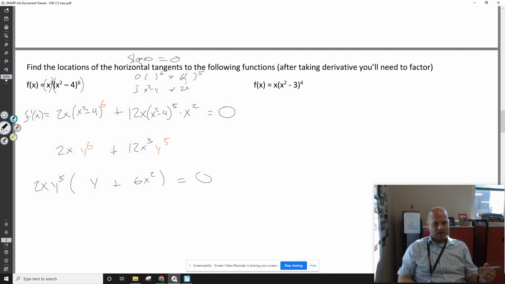Okay, that's better. Now, I did all this work, rewriting, factoring, so that I realize 2x times x squared minus 4 to the 5th, since y was replaced, times x squared minus 4 to the 1st, plus 6x squared.